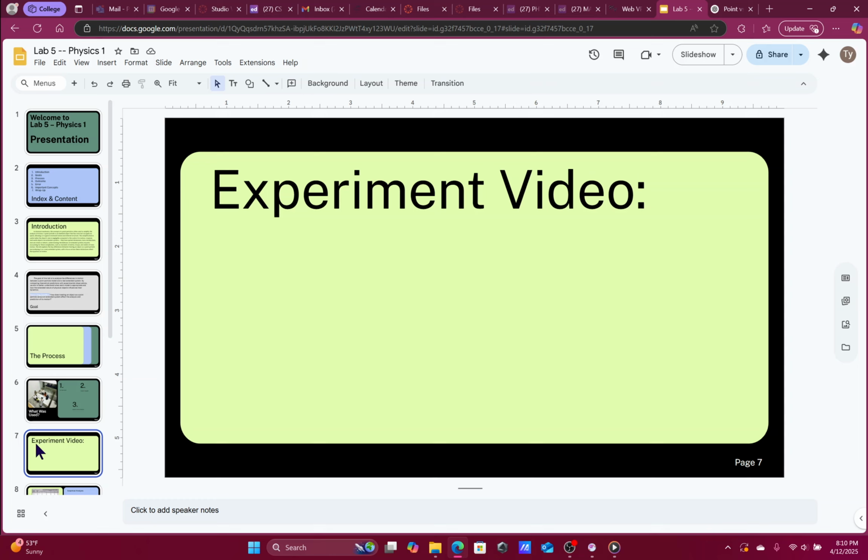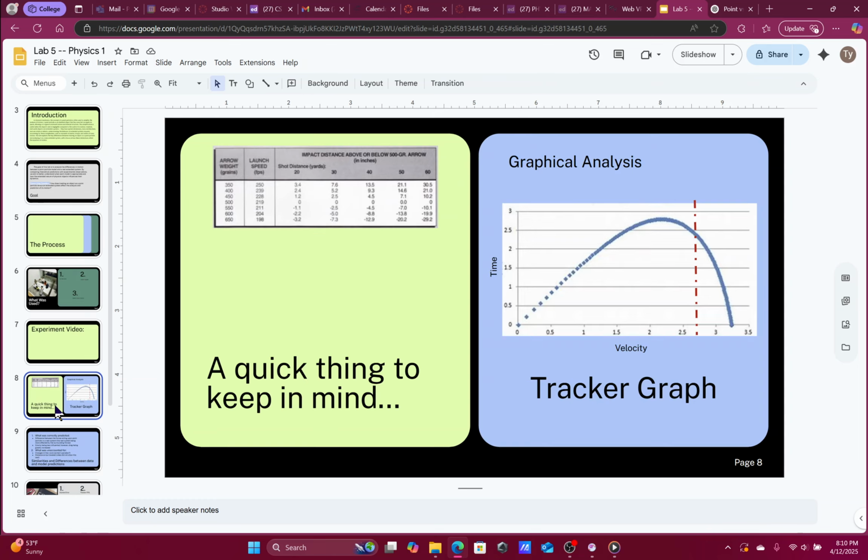As you'll see, I couldn't get a really good tracker graph because there are so few frames to analyze, but I'd get a point here, a point here, a point here. This is what it would look like once it reaches that little orange blob that you saw, which I think was a water bottle. And then this is what it would look like over time as it travels through water.